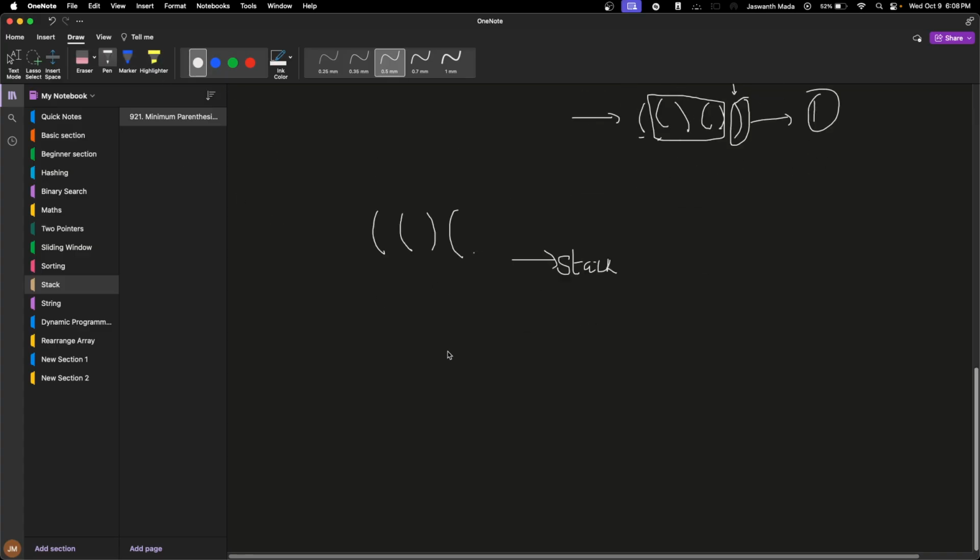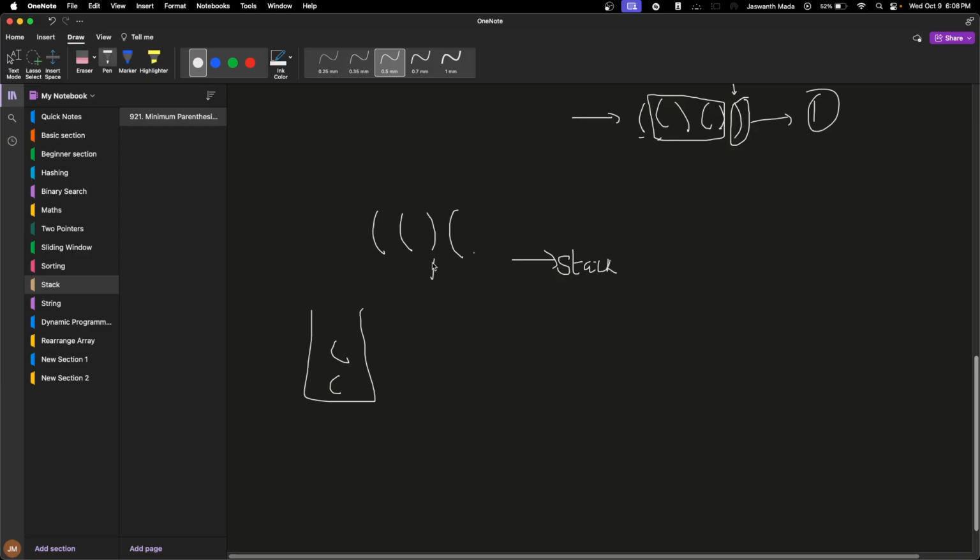Let's say we have a stack here and this is the input. So basically initially I'll be here. When I see a left parenthesis, I'll just push it into the stack, right? And then I'll move right. And again I saw a left parenthesis, I'll again push it into the stack.